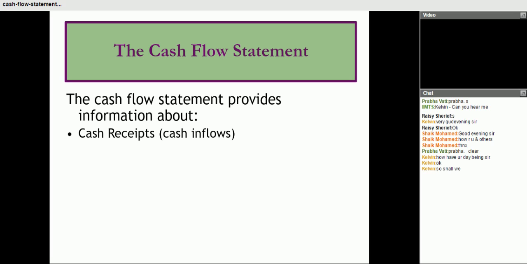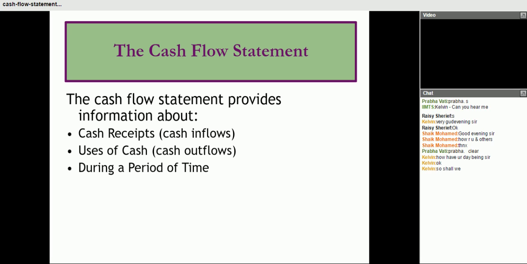Cash inflows means the cash which is coming into an organization. Usage of cash, that is the cash outflows. It means where the organization has spent their money throughout the year. So it is an organized way of managing the cash outflows and cash inflows during a period of time.